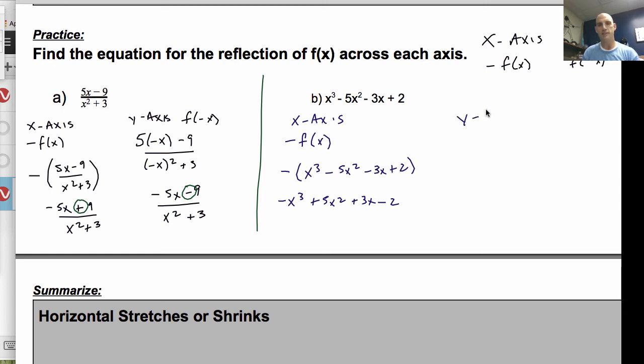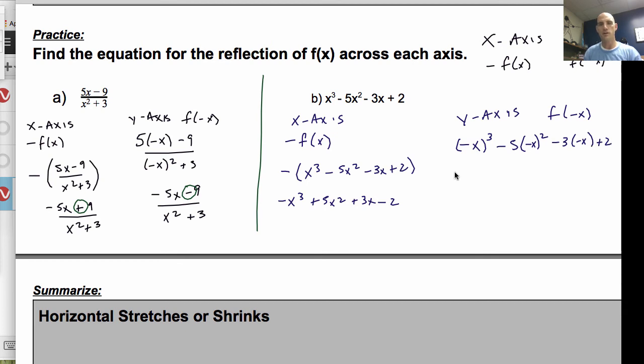For my y-axis, it's going to be f of negative x. I'm literally going to plug in negative x for every single value. So I've got negative x cubed minus 5 times negative x squared minus 3 times negative x plus 2.